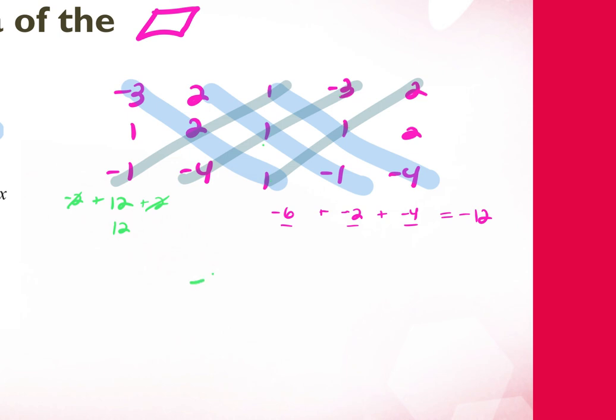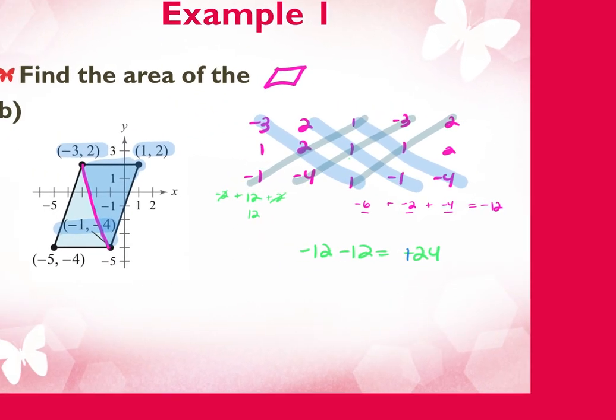And then I would do negative 12 minus 12, and I get negative 24. I make it positive always because area is positive. And normally I would cut it in half to get just that one triangle, which would end up being half of 24, which is 12. But I'm going to double it to get the whole parallelogram, so I can just leave the 24, again, units squared.